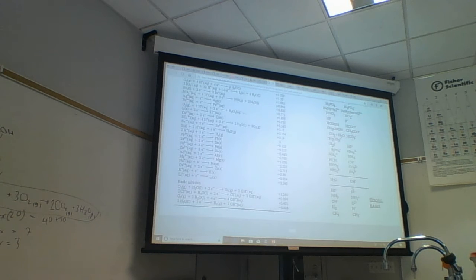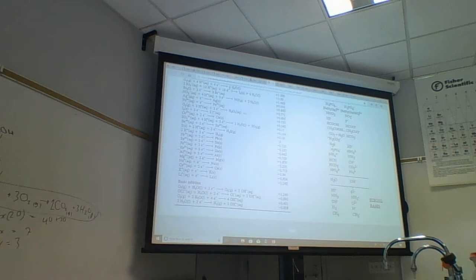Magnesium hydroxide, strong base? No. Copper 2 hydroxide, strong base? No. Iron 3 hydroxide? No. Zinc hydroxide?